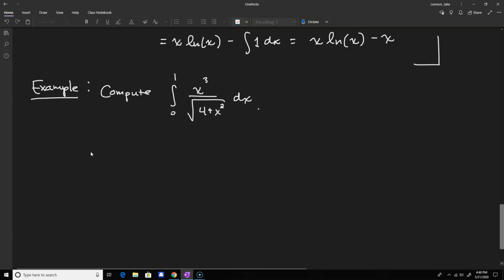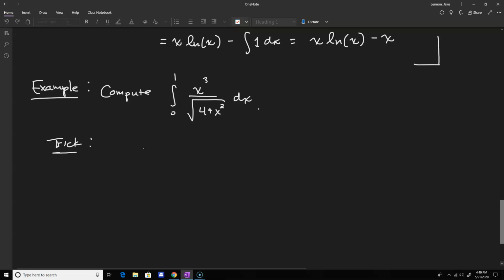This is actually pretty interesting because the choice for u and dv is not so obvious. Why? Well, typically we would want to let u be something like 4 plus x squared. But when you take the derivative of that u, you're going to be getting some factor in x. So that's tricky if you're just trying to do a substitution. So let me write down the trick.